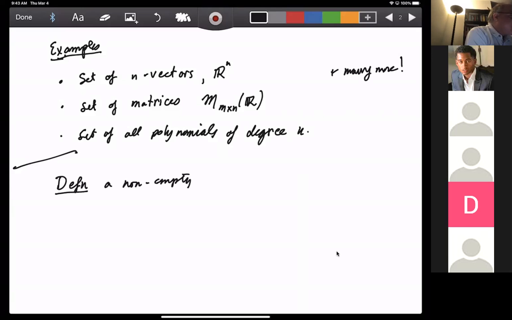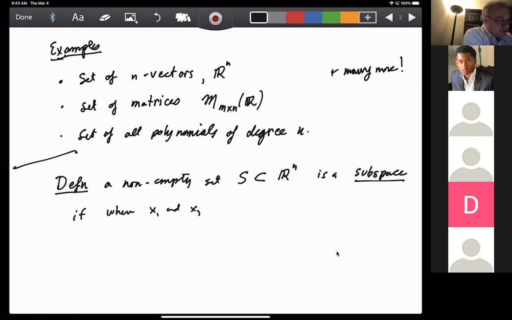A non-empty set S, which is in Rn, is a subspace if when x1 and x2 are in your set, then any linear combination c1 x1 + c2 x2 is also in the set.